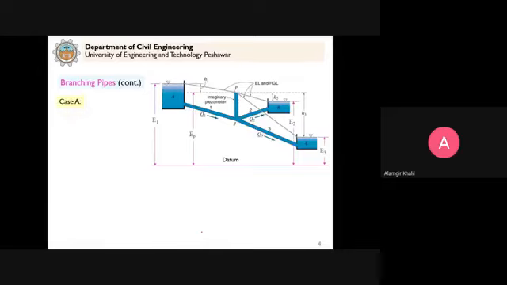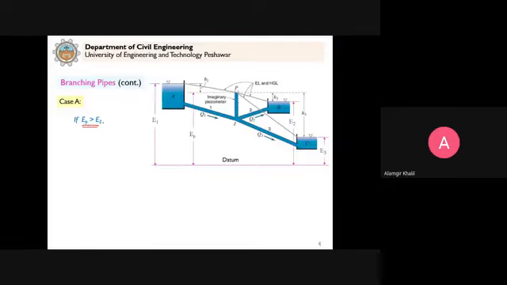Now we have different cases. If we consider case A, in this case the situation is that EP is greater than E2, where EP is the elevation of the water surface at this point P. This is the elevation of the point B in the piezometer above an arbitrary datum.